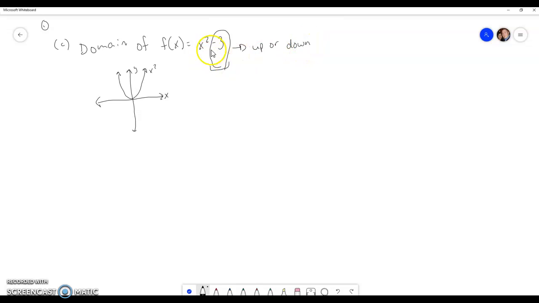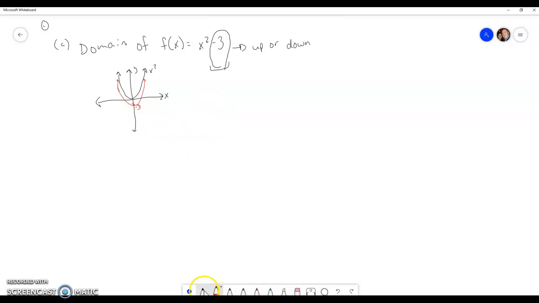Okay? And since it's minus 3, that means I'm going to move my function down 3 points. I'll do red for this x squared minus 3. So we're going to move it down 3 points so that this is negative 3.